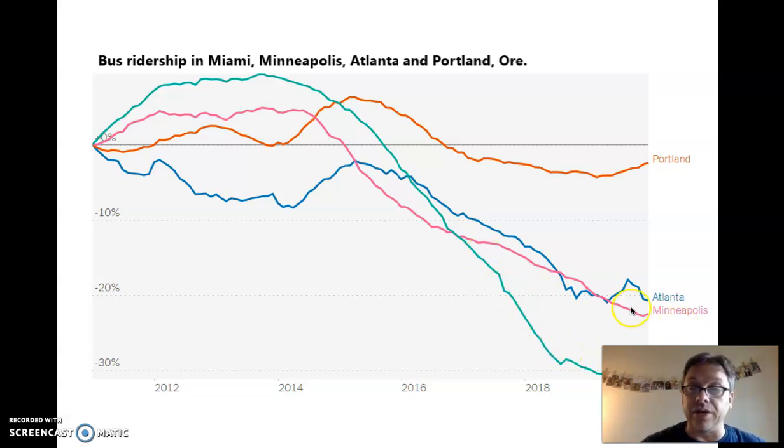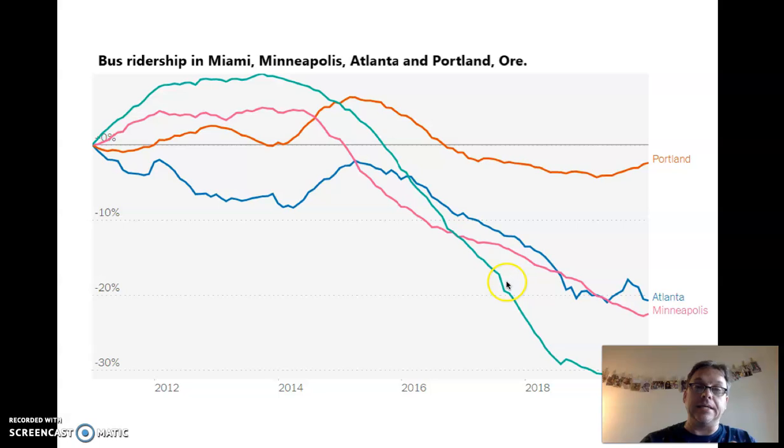So Miami is green, Minneapolis is pink, Atlanta is blue, and Portland is orange. So we know we're talking about riding the bus in these cities. We know we're talking about a decrease in people riding the bus over this time period. Okay? Starting before, actually, right? 2010, we would say this is.